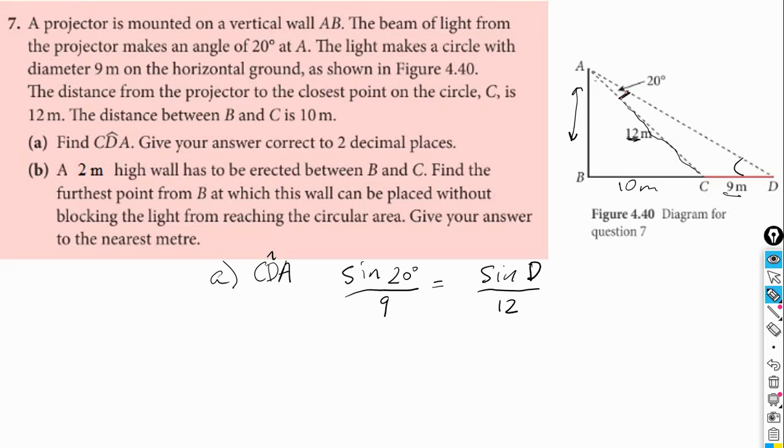Therefore, sine of d is equal to sine of 20 degrees times 12 over 9. So d, or the angle CDA, would be the inverse sine of this, right? So let's do that on the calculator, and we will find the angle.